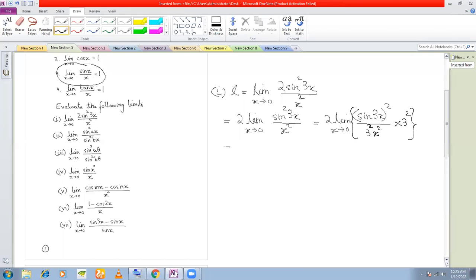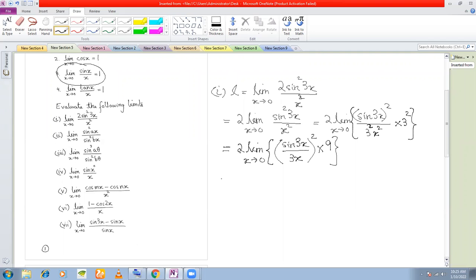Okay, so now what I am going to do is 2 times limit x tends to 0 of sine 3x divided by 3x, whole square, into 9.